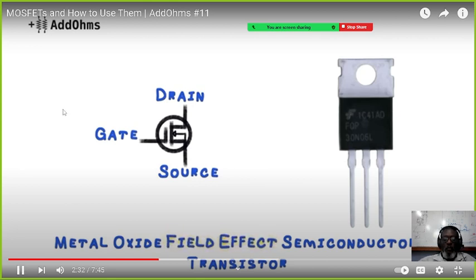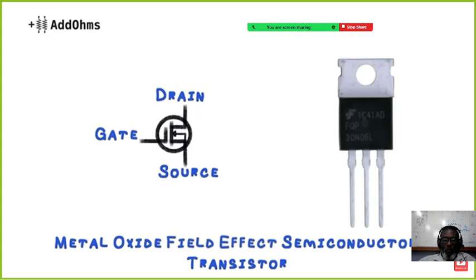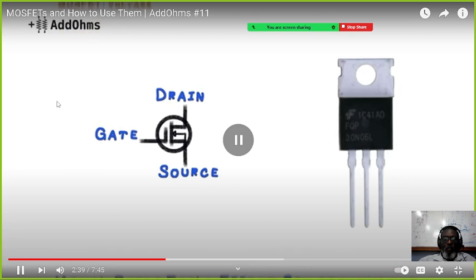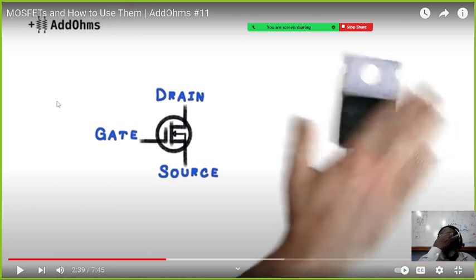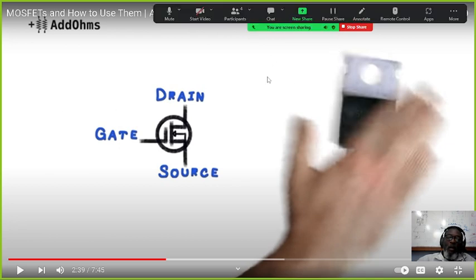The field effect part of their name suggests they work by voltage, compared to a BJT, which works by current. Remember, I told you that before we start. So if you get a question like this, which group of transistors use voltage to turn it on?